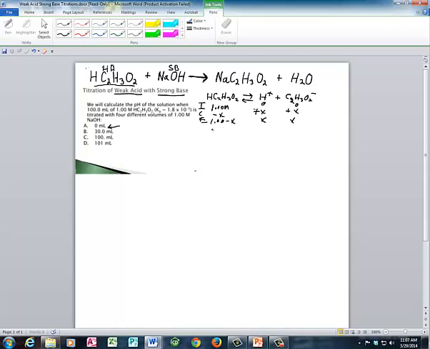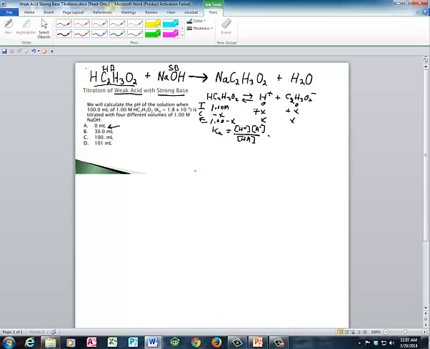Write our equilibrium constant expression as usual. So that's just going to be Ka is equal to H plus, and in this case I'm going to go ahead and use the generic A minus for acetate and HA for acetic acid.